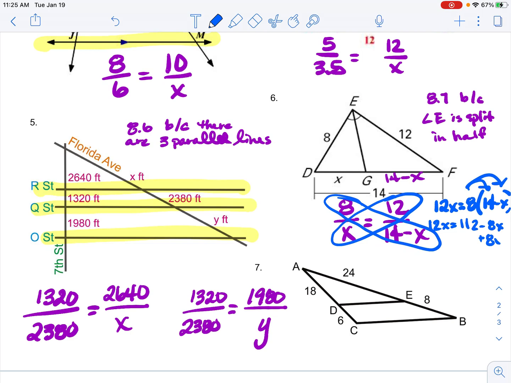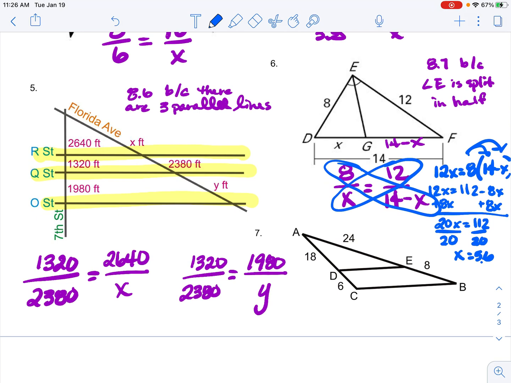Then we have to move our variables to one side. So we're going to add 8x to both sides. So we're left with 20x is equal to 112. Divide both sides by 20. X is equal to 112 divided by 20, which is 5.6. Yep.